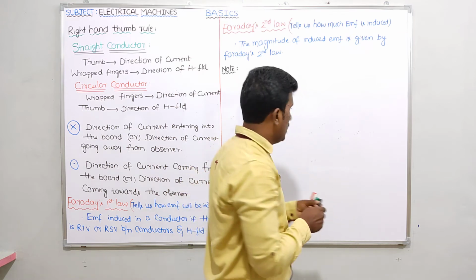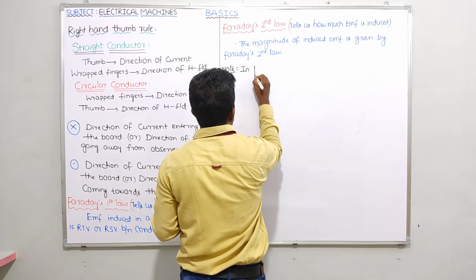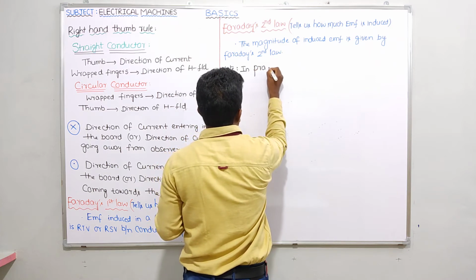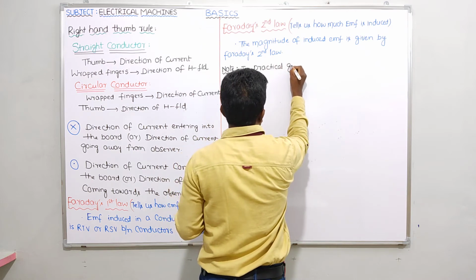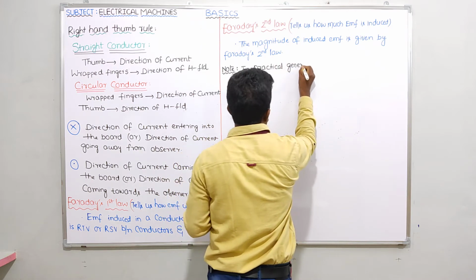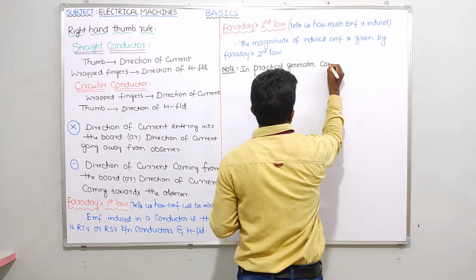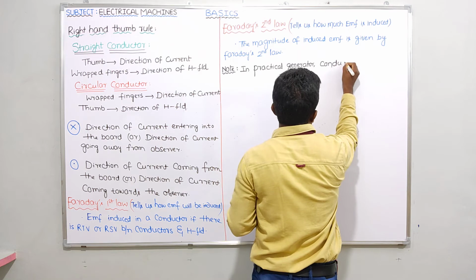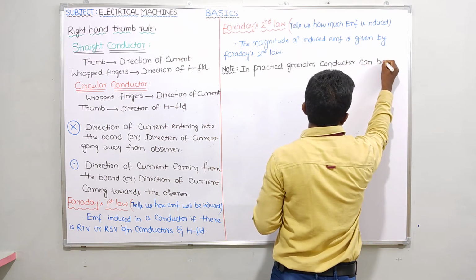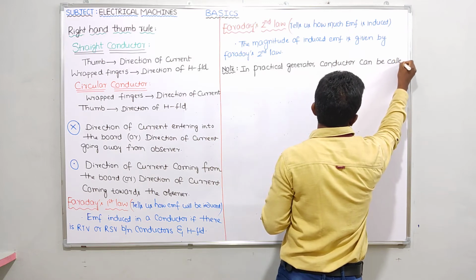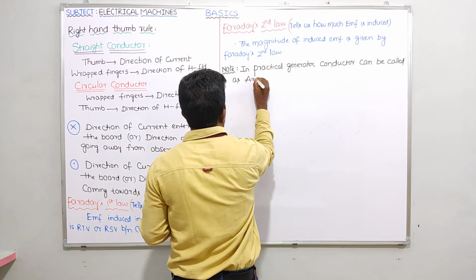Okay, so let me write that statement here. In practical generator or motor, whatever, in practical generator, conductor can be called as armature winding.